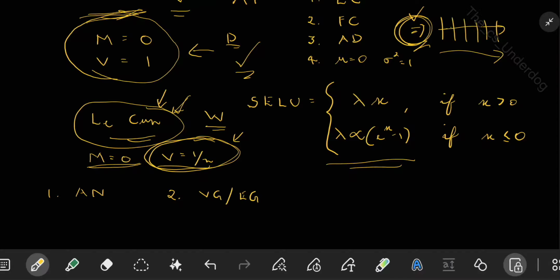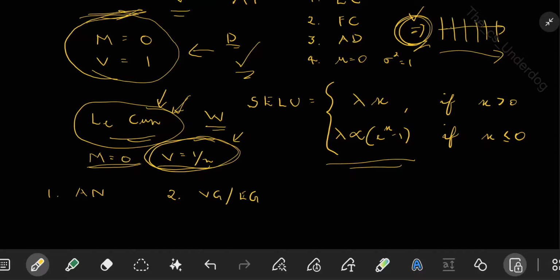And also, there is no dying ReLU problem. We had seen previously that in some activation functions, when we tried to remove vanishing gradient, a new problem came, called the dying ReLU problem. Coming to SELU, this dying ReLU problem will also not be there.